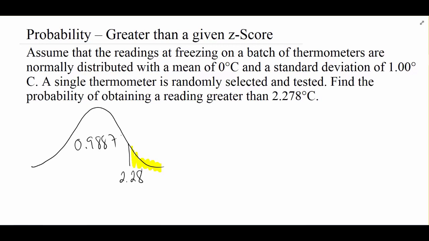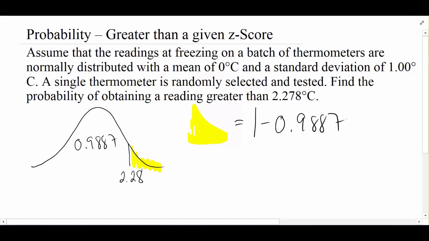So if I want to figure out just the yellow portion that I've shaded, which is the goal of this problem, then that's going to be 1 minus the 0.9887. So if you grab your calculator and do 1 minus 0.9887, then you're going to find that that probability is about 0.0113. And that's what we're looking at.